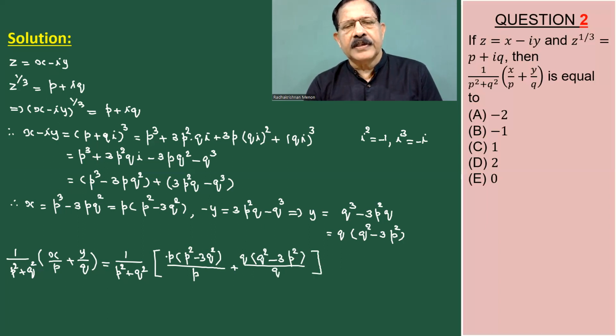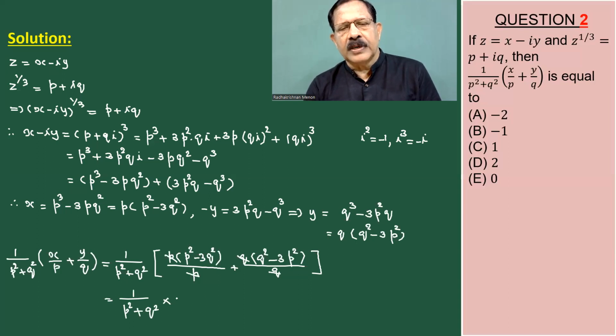So now simplification: p is getting cancelled, q is getting cancelled. So I am simplifying the numerator. We are getting 1 by (p squared plus q squared) into (p squared minus 3q squared plus q squared minus 3p squared), which is minus 2p squared minus 2q squared. So it is minus 2 into (p squared plus q squared). So p squared plus q squared is getting cancelled. So the answer for the question is minus 2.